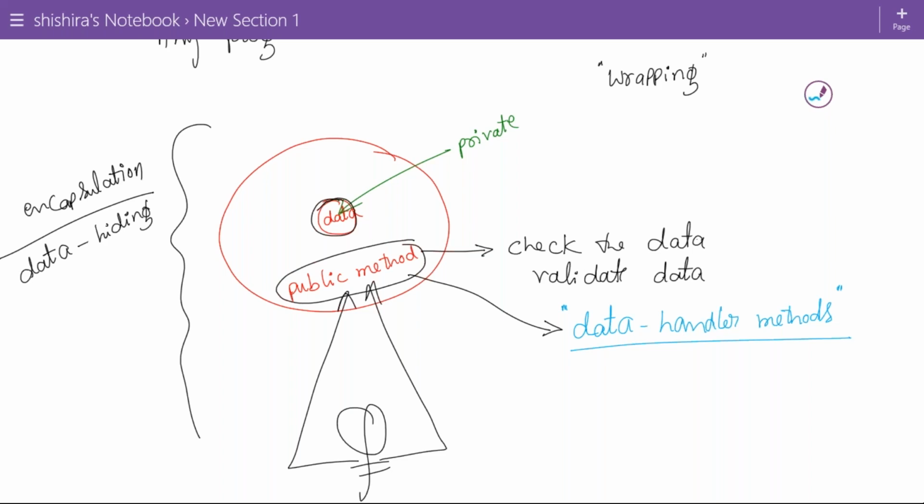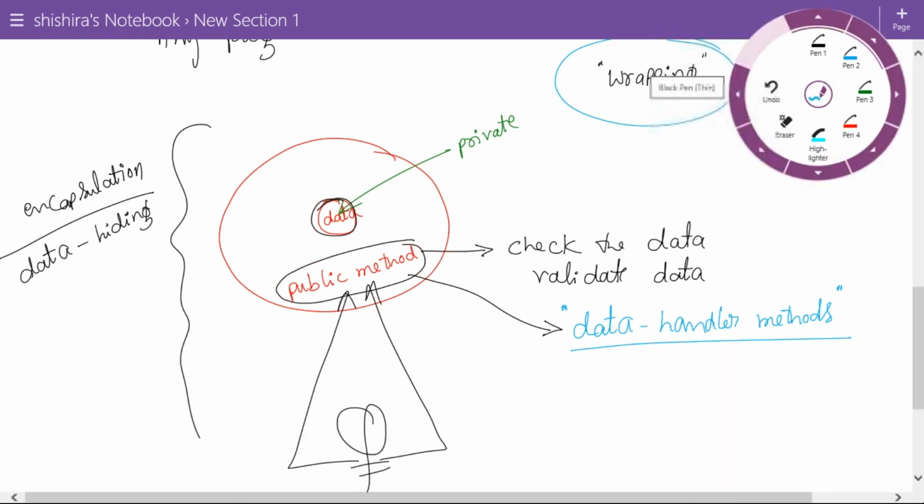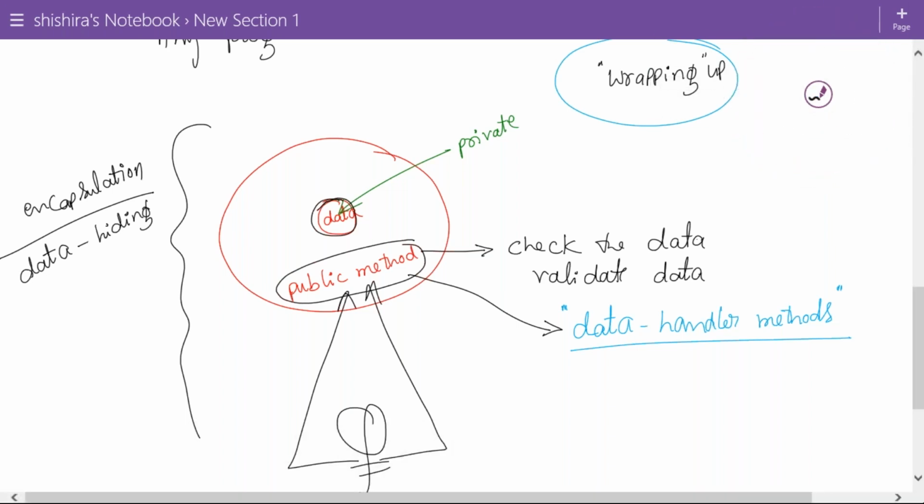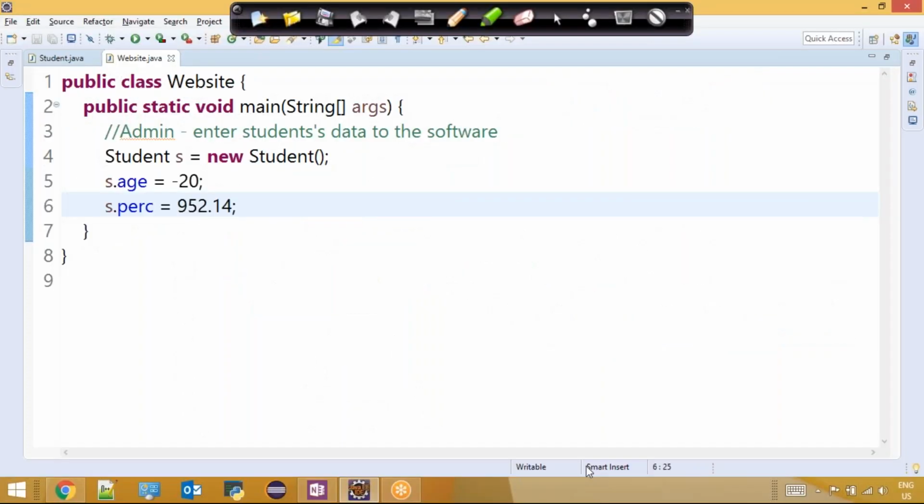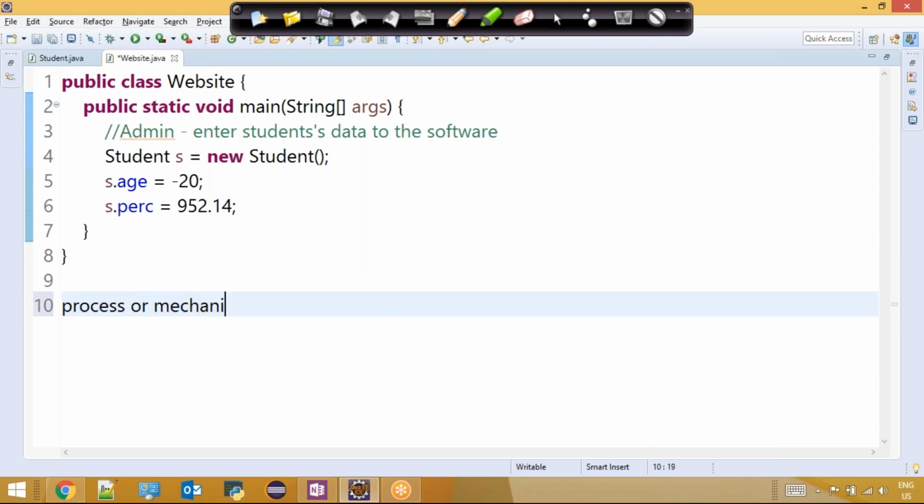So what is the definition of encapsulation? Encapsulation is the process or mechanism of wrapping up of the private data members with its public data handler methods. Write the definition here.